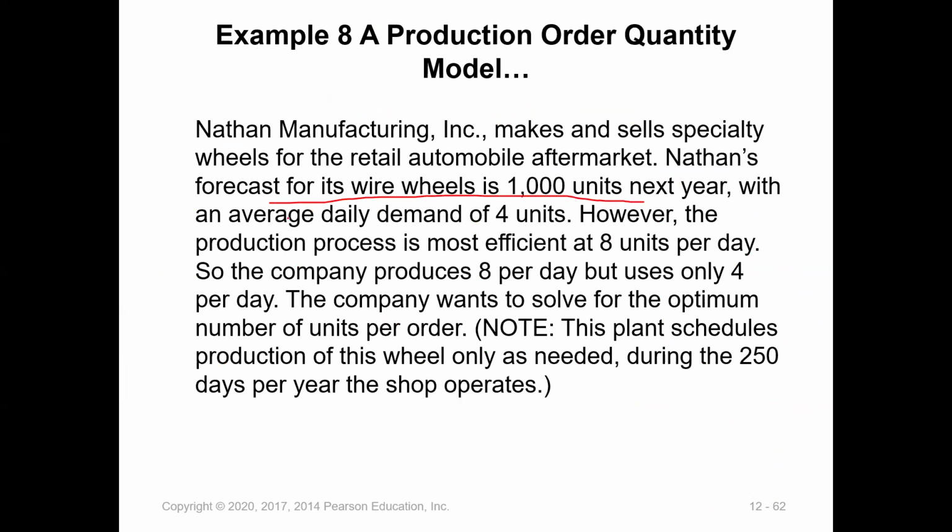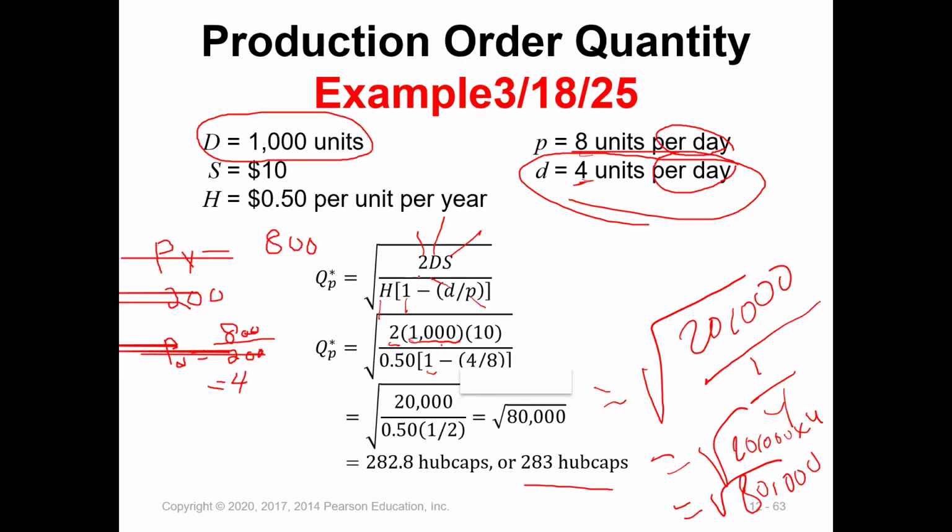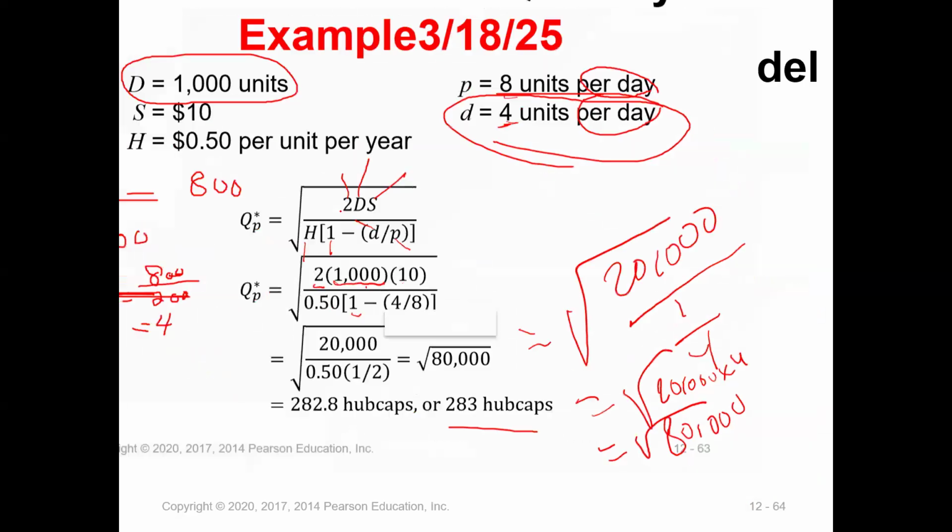This is the demand, an average daily demand for units. However, when you have production involved, you need to use this equation. So 2DS over H times 1 minus D over P, and that's what we did last time. We stopped here. Okay.